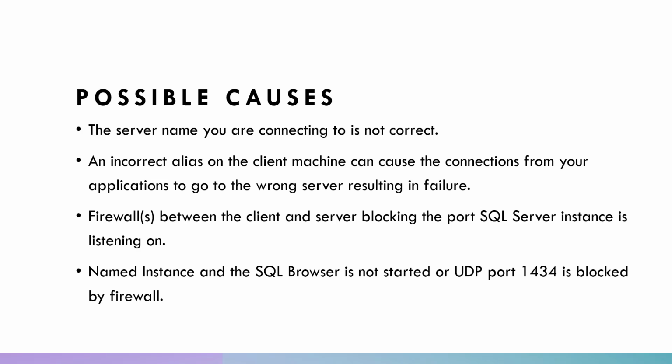So to identify that issue, we need to try to connect to the named instance using the port number appended to the server name, using the format server name\instance name, port number, and see if that works. But if it doesn't work, then it's an indication that the firewall is blocking the UDP port 1434. To confirm it, we need to use a method called PortQry.